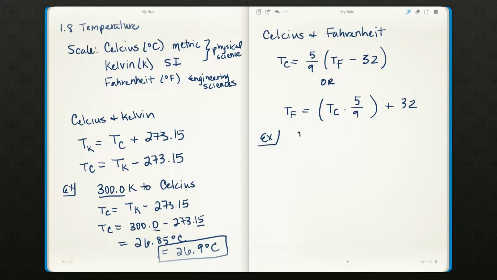So another example, 98.6 degrees Fahrenheit is normal body temperature. Convert to degrees Celsius.